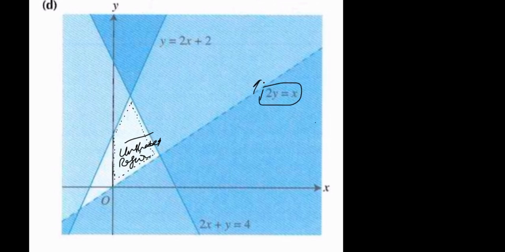This straight line is dotted. This is not a solid line. Now the unshaded region is above this line, so the associated inequality is 2y greater than x. So this is our first inequality.